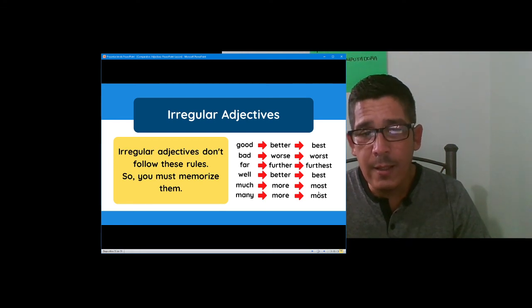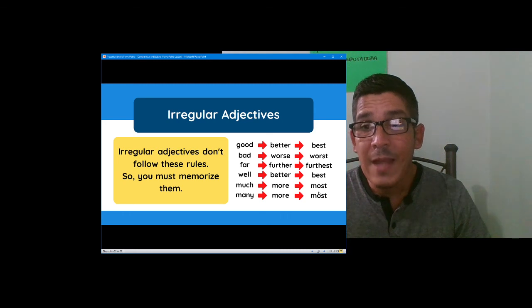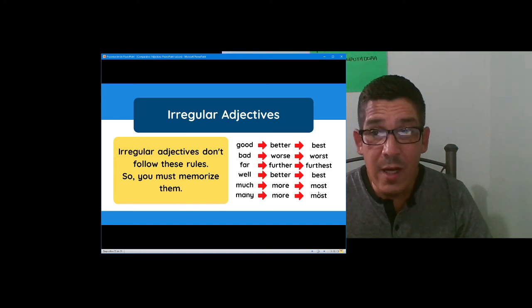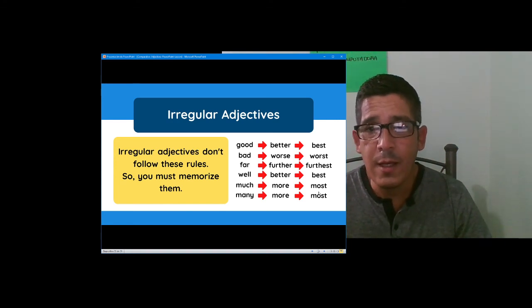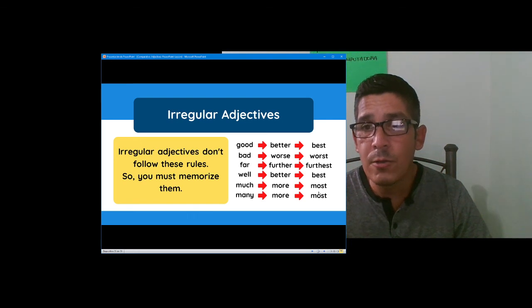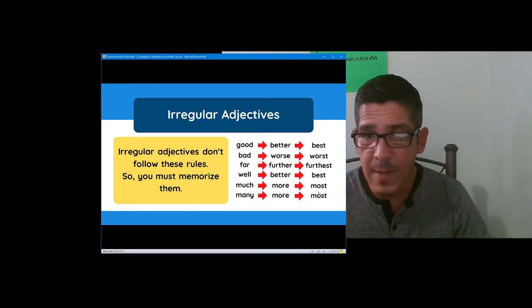We also said that two-syllable adjectives or more that do not end in Y, you are going to use the most at the very beginning of the adjective. So you say the most intelligent, the most beautiful, the most gorgeous, the most expensive.